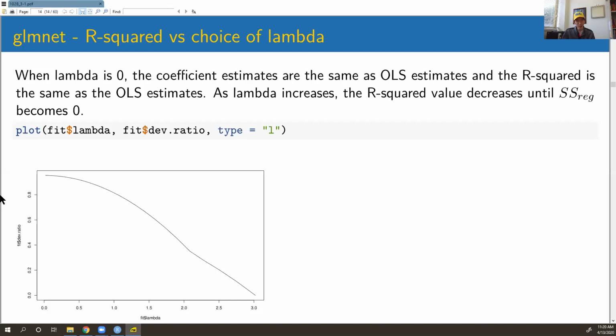If OLS gives me the highest R squared, and increasing lambda causes my R squared to go down and my coefficients to shrink towards 0, it seems like I shouldn't do this. I'll explain why we would do this in the first place, but here are some pictures. This shows the effect of increasing your lambda on your R squared value, and it drops off until it reaches 0.